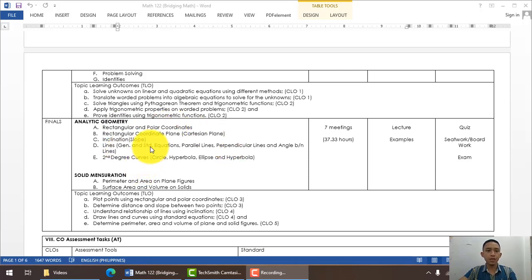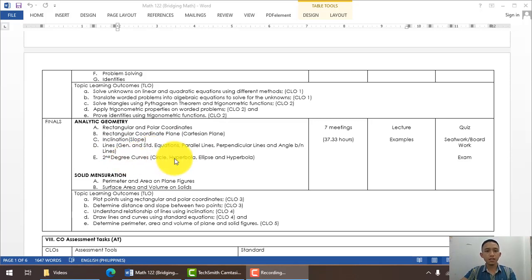So here are the topics. In analytic geometry, we will be having here your rectangular and polar coordinates. Okay, we will now be dealing with x and y coordinates, or we will be using radius and angles. So rectangular coordinates, we will focus on that. Inclination, this is important. What is inclination? That is your slope. And then lines, we will now be focusing much on the properties of lines.